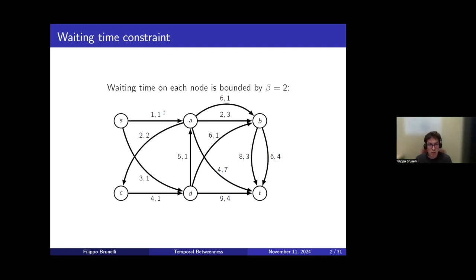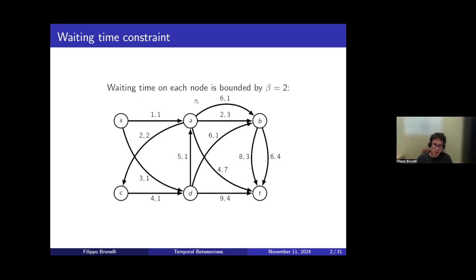On top of that, we also consider some waiting restriction on the temporal graph. Basically we are bounding the time that it is possible to wait in each intermediate vertex when we are traveling in the graph.